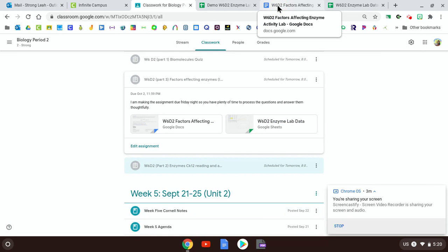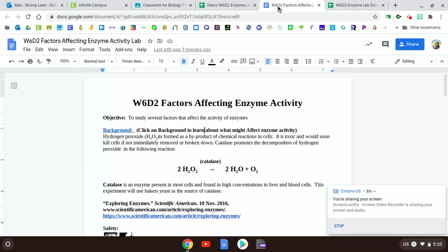Once you've opened both of those documents, please go ahead and go to W6D2 Factors Affecting. That's the document. Open the document and let's read along together. So, objective.